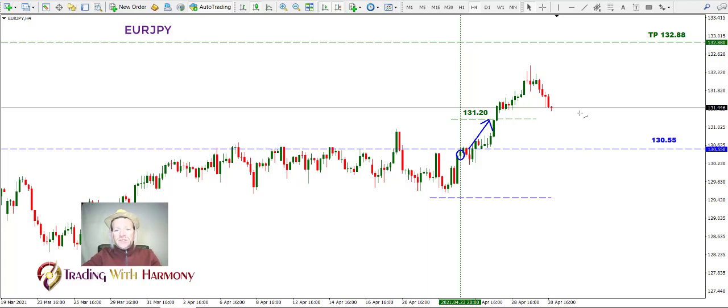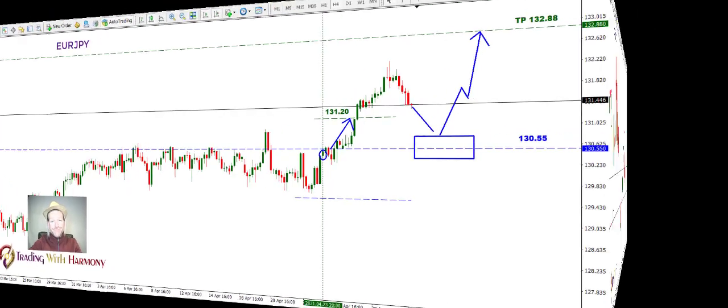So for this week, price will more than likely continue back down into this structural area here, being the 130.55 area. And once it holds at that area, we're looking for price to continue up north to hit our new TP level, being the 132.88 in the euro yen.